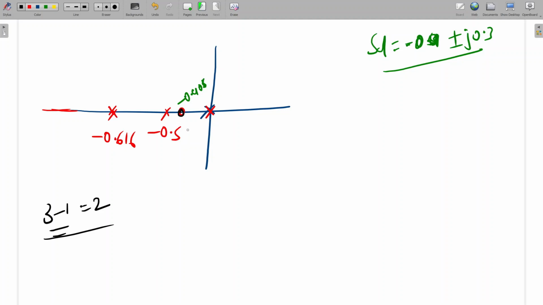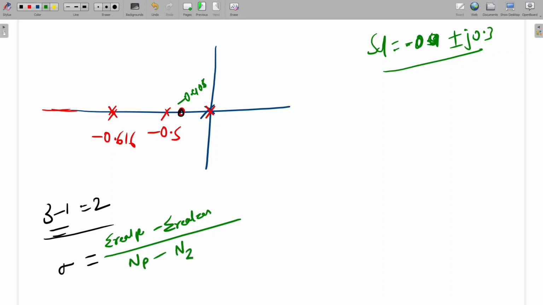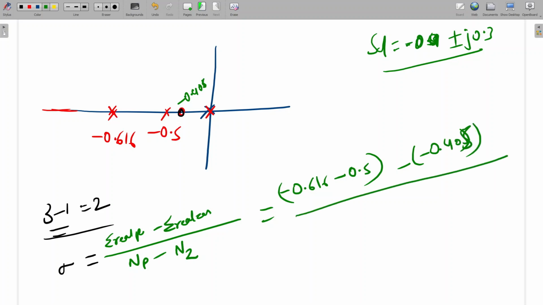First we'll calculate the centroid. Can anyone tell how much the centroid is? Sum of real poles minus sum of real zeros, divided by number of poles minus number of zeros. The real poles are minus 0.616, minus 0.5, and minus the real zero, minus 0.405, divided by 3 minus 1.